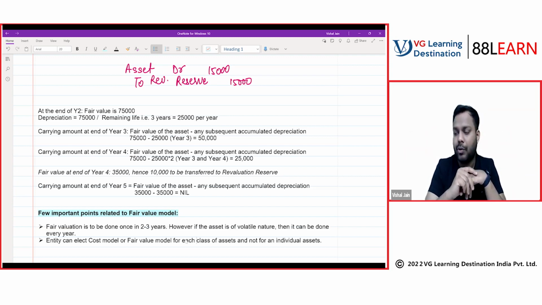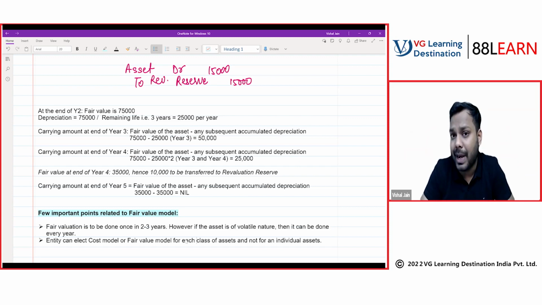Now, how is class determined? Basically, class is determined on the basis of use of the asset. I remember, I think 3 years back, a question came up in the financial reporting exam. Let me see how many of you can answer it correctly. The question said that the entity had 2 properties, one an industrial building and one an office building.